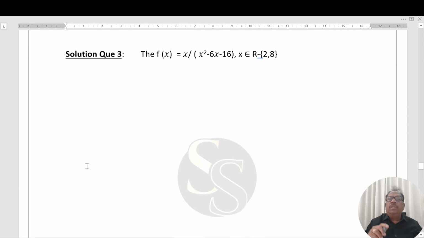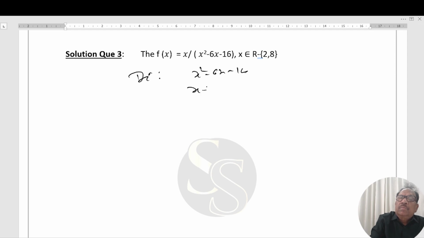Now, the question is this one. The denominator is x square minus 6x minus 16, which is x minus 8 times x plus 2.